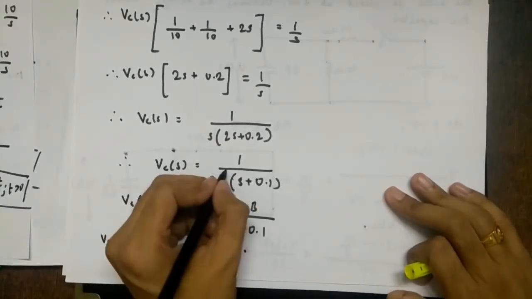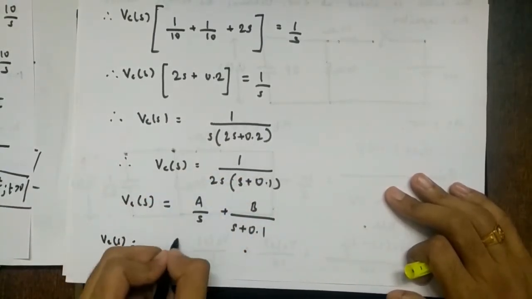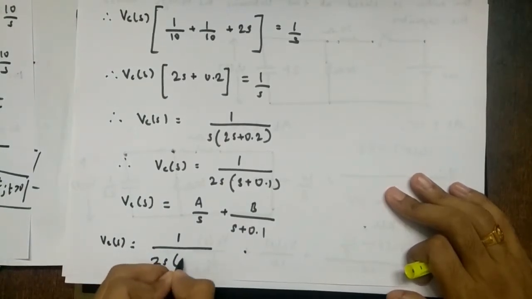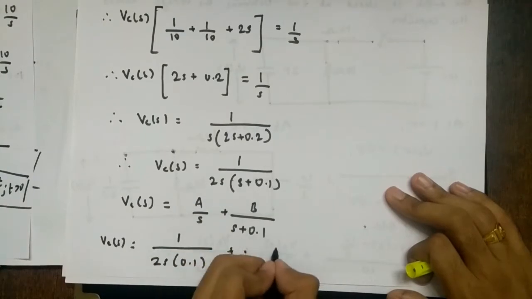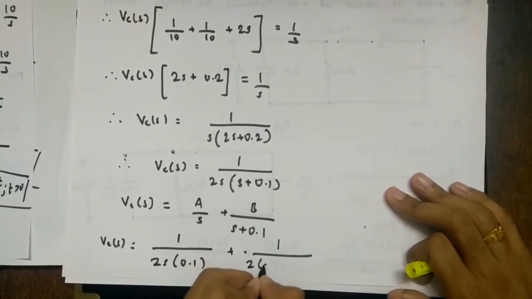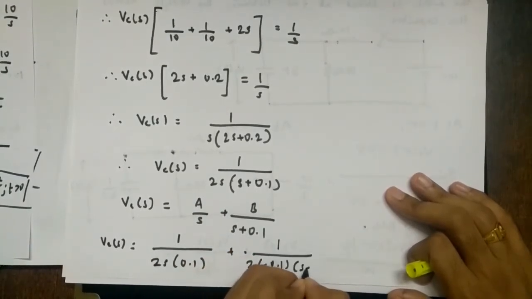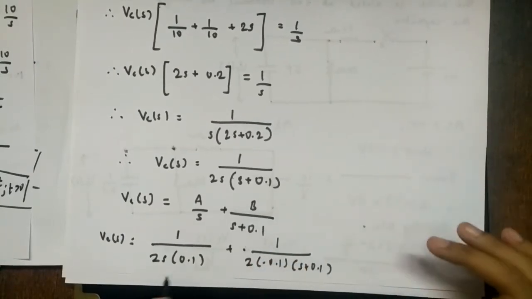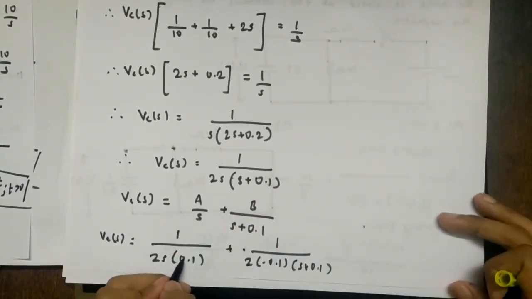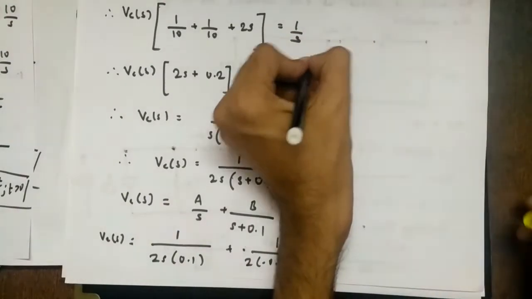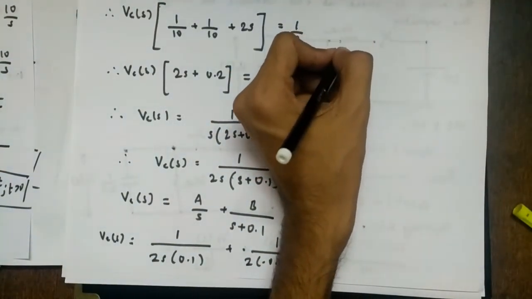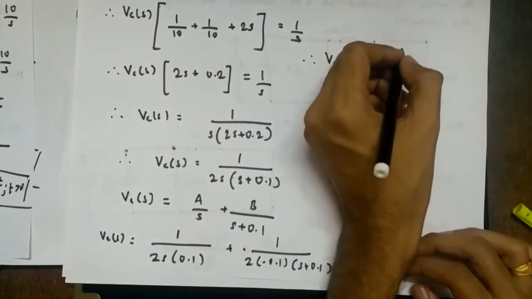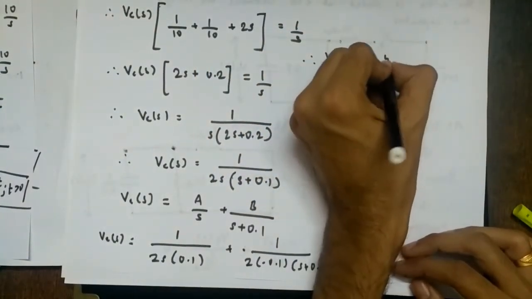So S is 0 here everywhere except this S. 1 upon 2S into 0.1 plus, so S is minus 0.1 now. So 1 upon 2 into minus 0.1 into S plus 0.1. So 2 into 0.1 is 0.2. So therefore Vc of S equal to, so 1 upon 0.2S, so that will be 5.